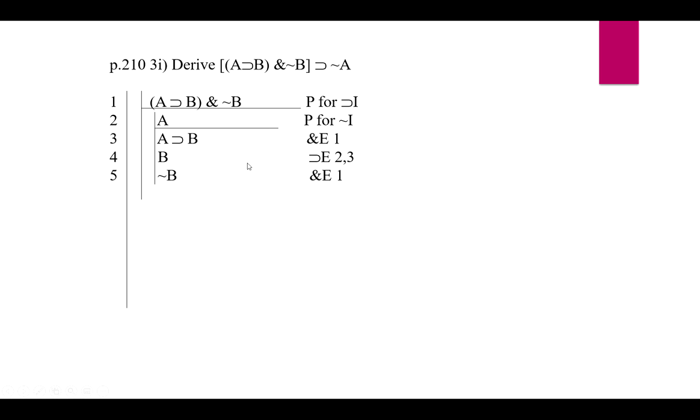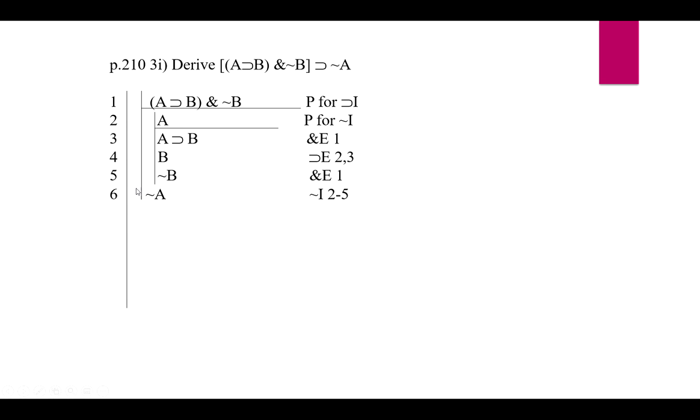We can get our contradiction also via conjunction elimination from 1, where we had not B as one of those conjuncts. So we assumed A and proved a contradiction, so we can go back one scope line and get the negation of A. We can add that negation on via negation introduction from lines 2 through 5, that whole subderivation.